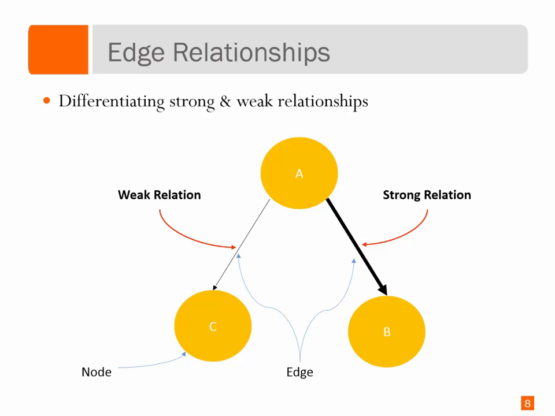Here in our visual and conceptual example, we have different nodes, A, B, and C. Between A and B, we demonstrate a strong relationship. I want you to focus in on the much thicker line that we're representing here.